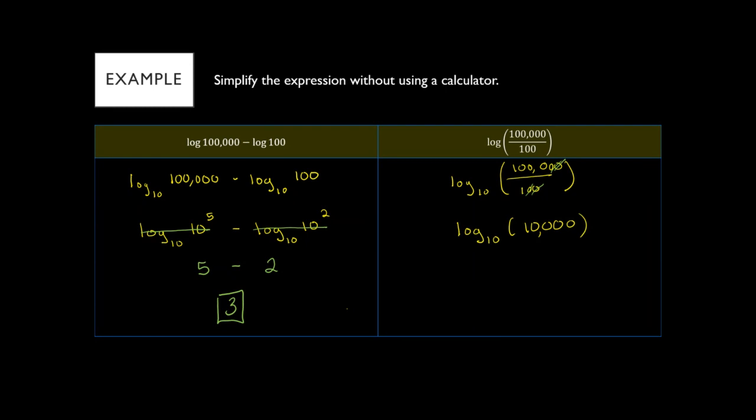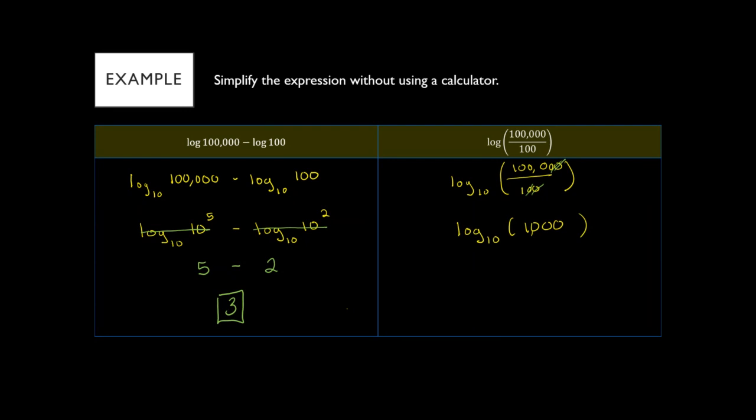So now, when this is base 10, we want to rewrite 10,000 as an exponent with a base of 10. I subtracted 2 zeros, so I should have 3 zeros. I have too many zeros here. 1,000. There we go. Okay.